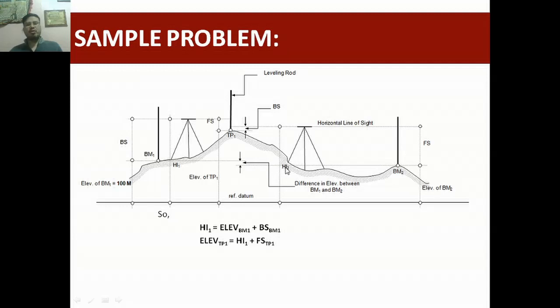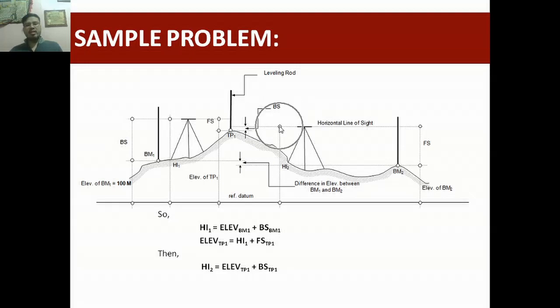Again, HI2 equals the elevation of turning point 1 plus the backsight of turning point 1.